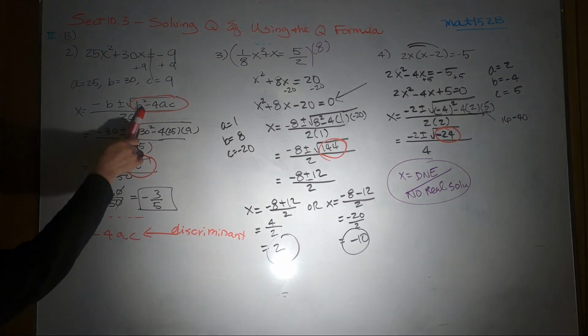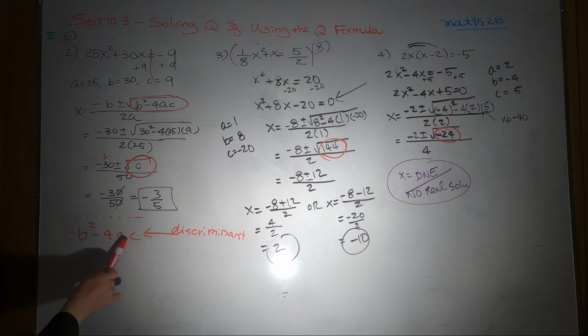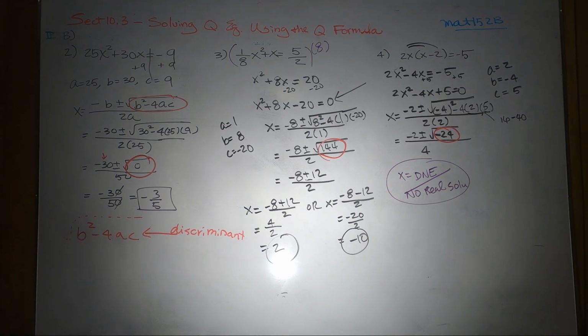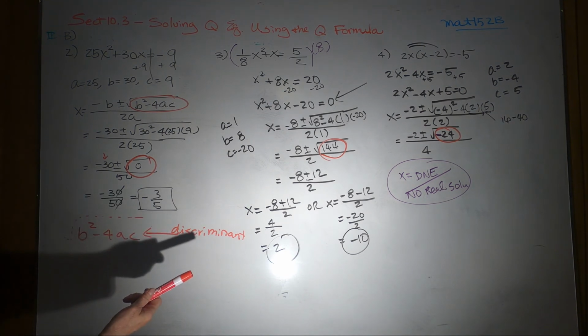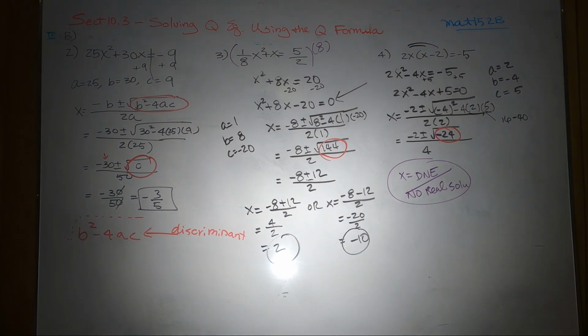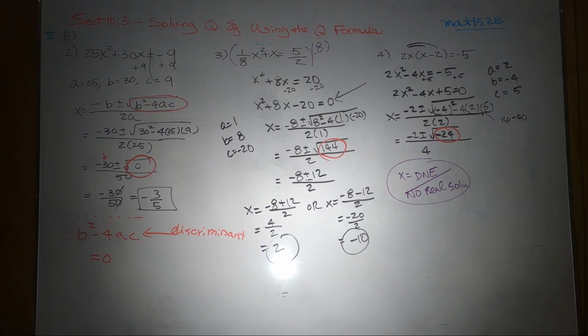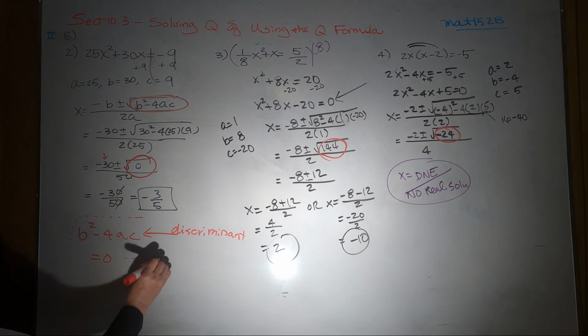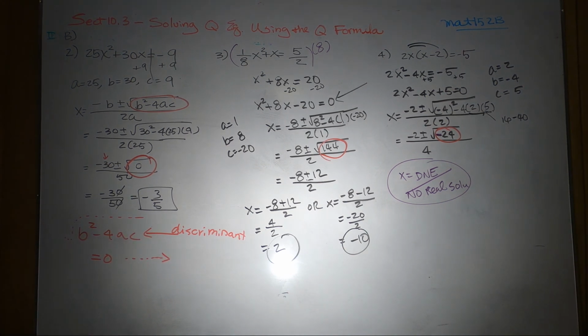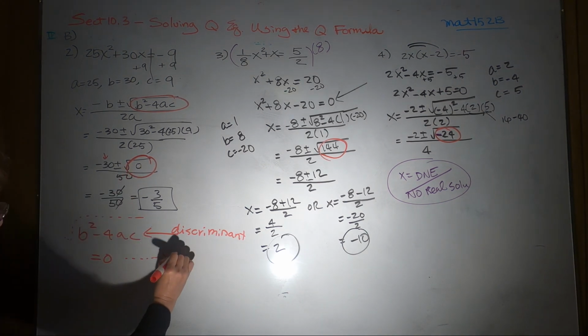I just look at the inside, b squared minus 4ac, to decide if I have real solutions or not. Then we call this the discriminant, right? So when this guy is 0, what will happen?